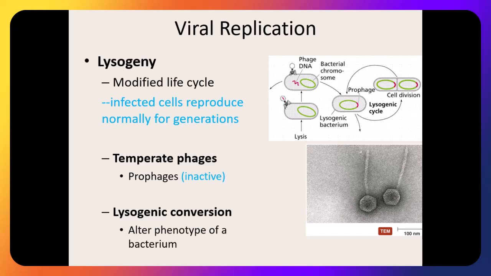So it's still going to have that absorption. It's still going to have penetration. Then it has bonus steps right in between here before it goes into synthesis, assembly, and release. The idea is it attaches, it gets the genetic material in there, but instead of the cell becoming a virus-producing factory, that viral DNA incorporates into the bacterial DNA.